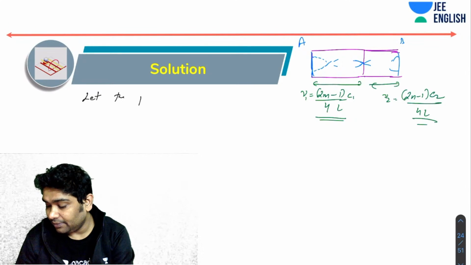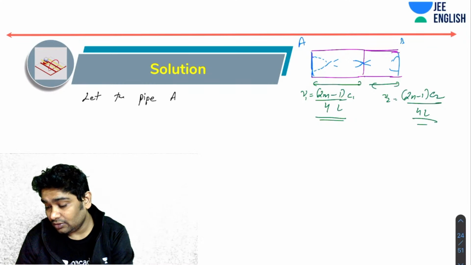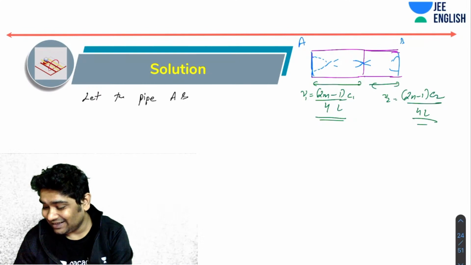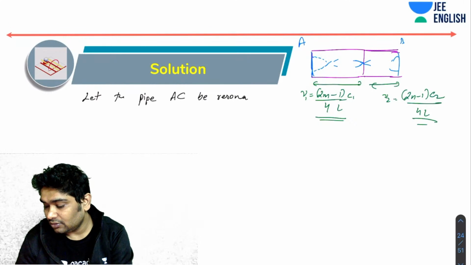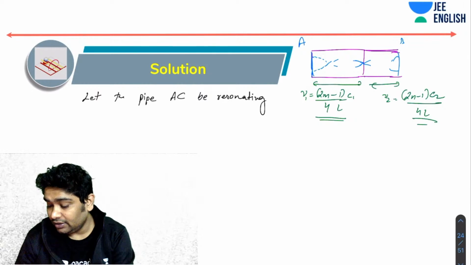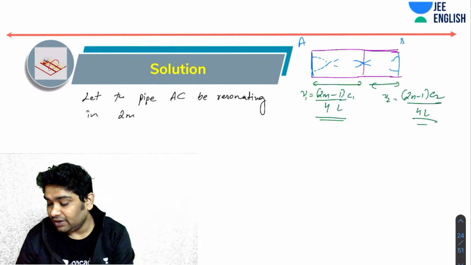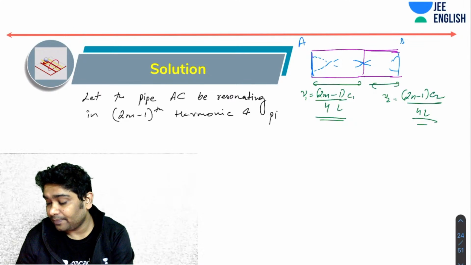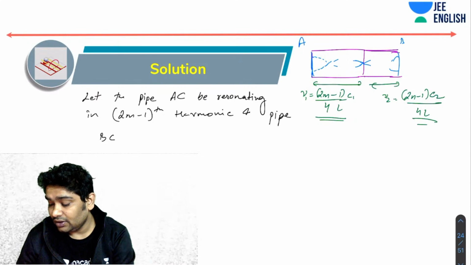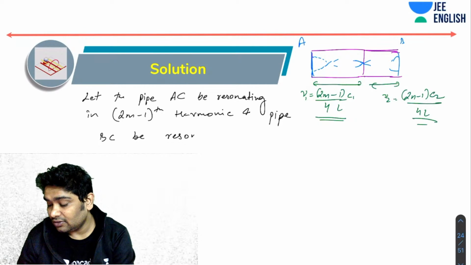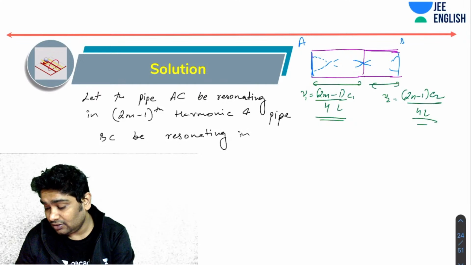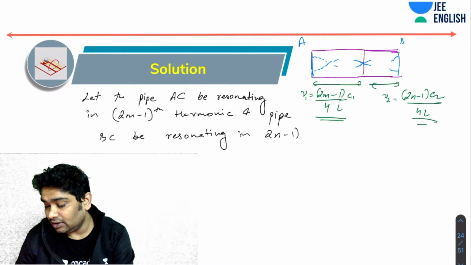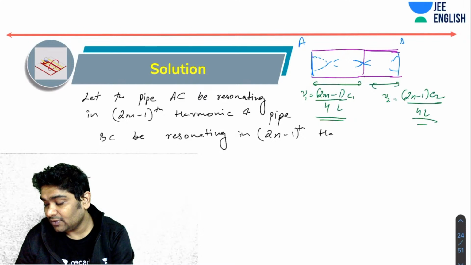So what I can say is that the pipe AC is resonating to the mth harmonic, and pipe BC is resonating to the nth harmonic. So I am assuming that.